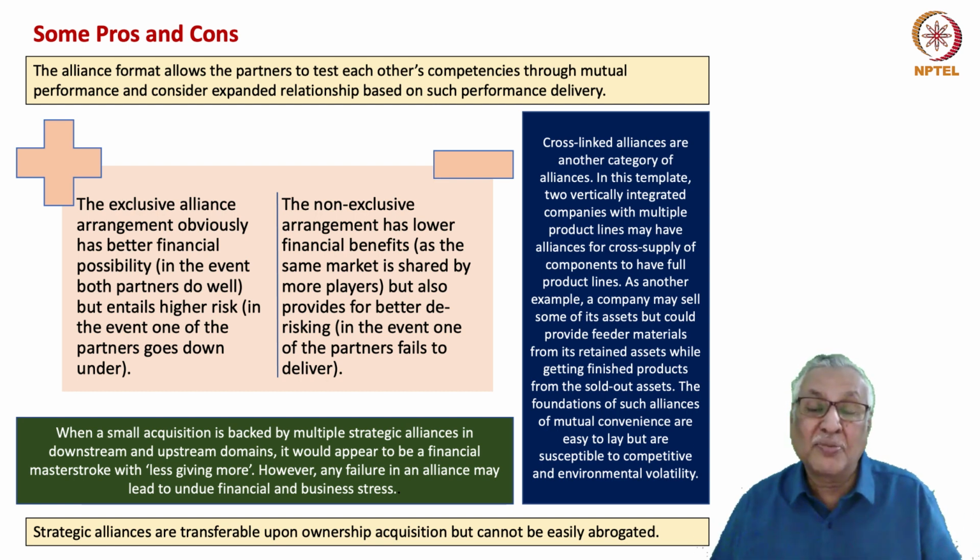However, if the company which has bought the sensor chooses to underprice its product, there will be complexity and mistrust that comes out of the whole arrangement. Therefore, cross-linked alliances, while they look good, require some kind of trust and stability in operational thinking and market play. Strategic alliances are transferable upon ownership acquisition and cannot be easily abrogated.